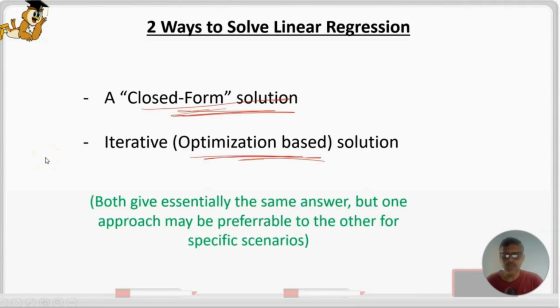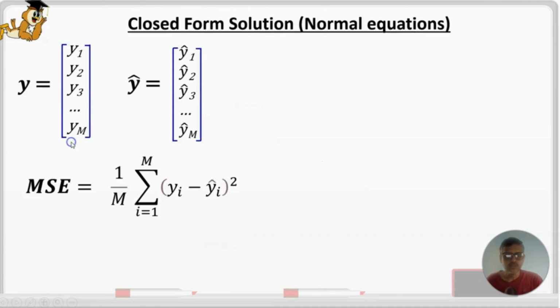Both of them essentially give the same answer, but you may want to prefer one approach over the other for specific scenarios or specific types of problems. So it's a good idea to learn both of these ways.